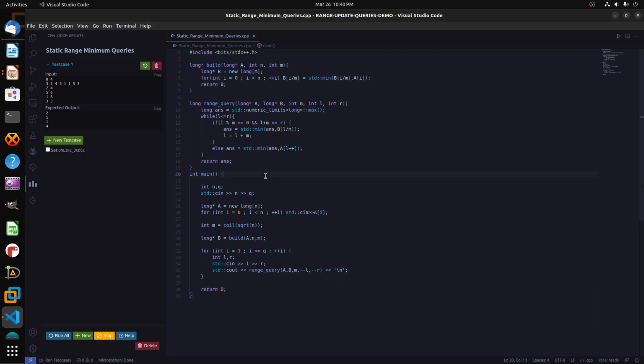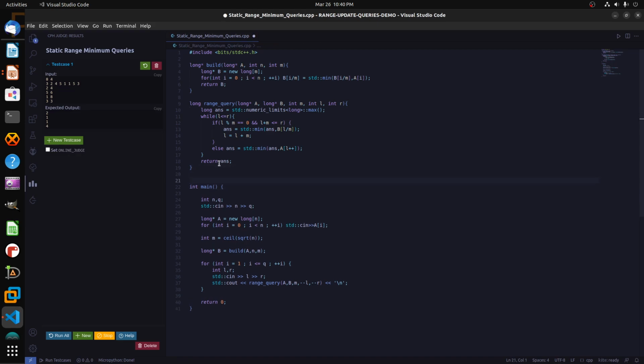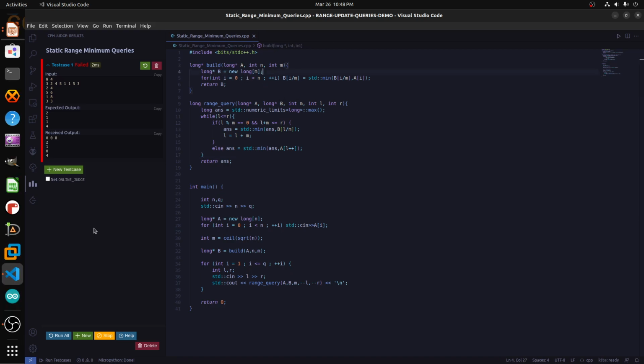Okay, let's see what happened now. I think all is done. Let's see if there are some mistakes. Yes, I expected 2104. What's the problem here? Let's check the build array. The problem is, I think, I didn't initialize the array blocks to plus infinity.